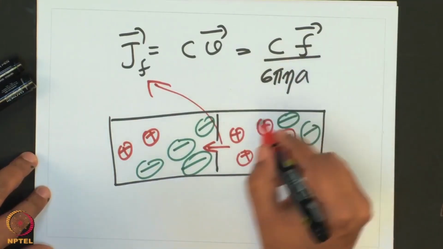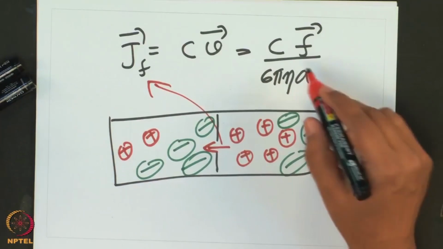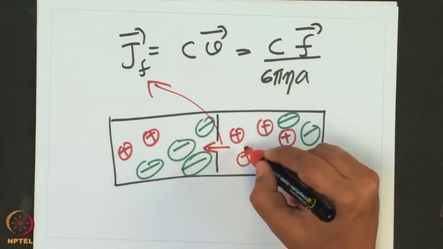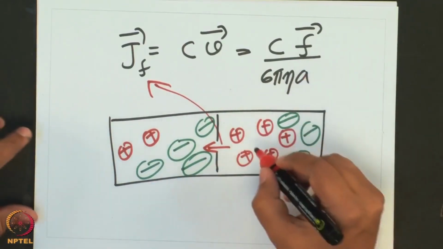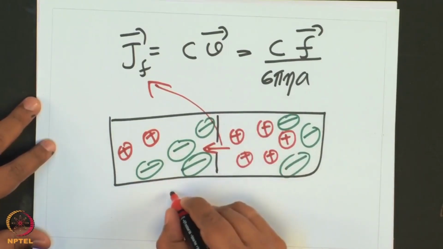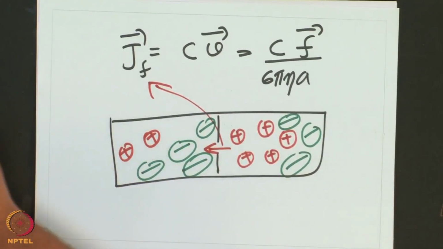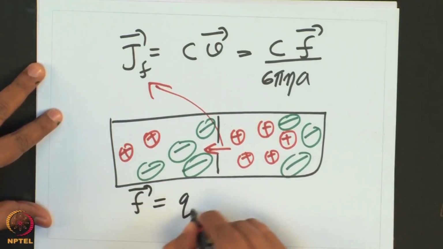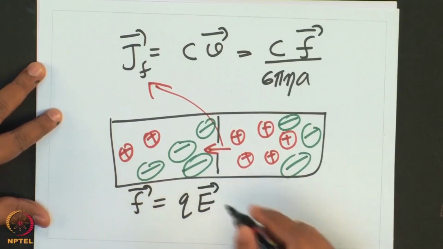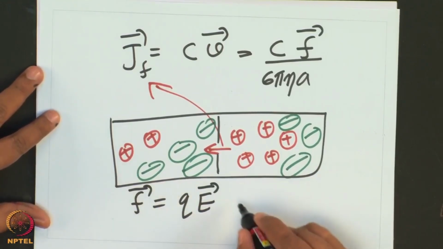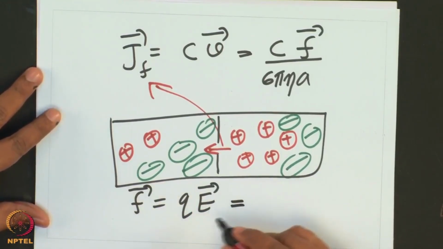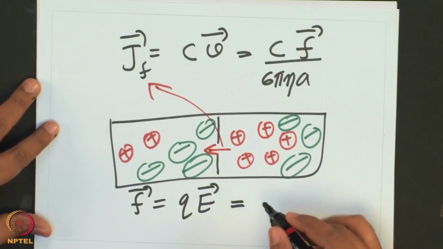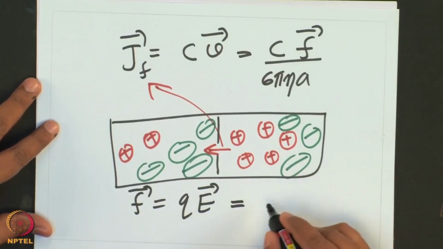And what does this force depend on? So now, how much would be the force due to this minus charge on this plus charge? So the force F in electrostatics, we know that force is Q times E, where E is the electric field, and this E can be written as the derivative of potential.